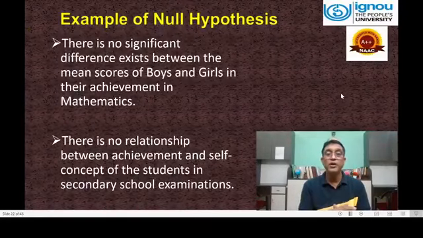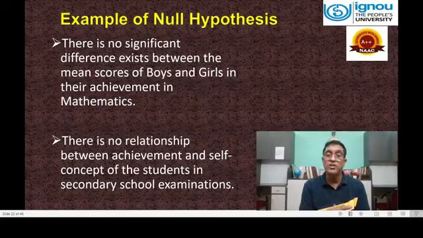Let us go forward to understand the null hypothesis with certain examples. I have taken two examples here. The first example is: there is no significant difference between the mean scores of boys and girls in their achievement in mathematics. Here you see two groups of students: one is the boys group and the other is the girls group.